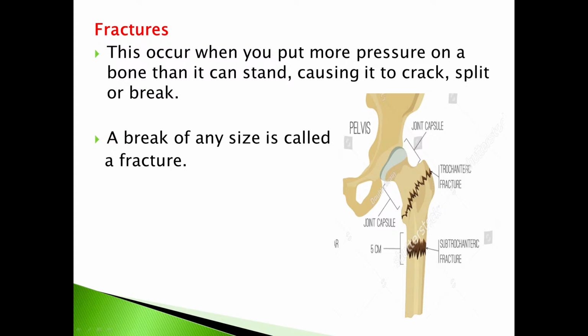The incomplete one is whenever there is just a crack in the bone. Fractures normally take place when you put more pressure on a bone than it can stand, causing it to crack, split, or break. So let's say for example you kick something hard, that is too much pressure on the bone, so the bone is going to crack or split or totally break off.